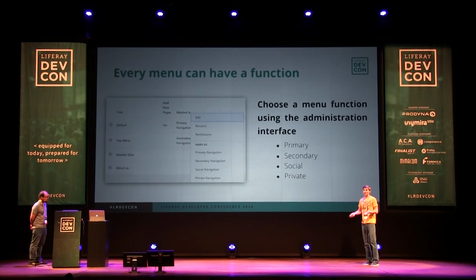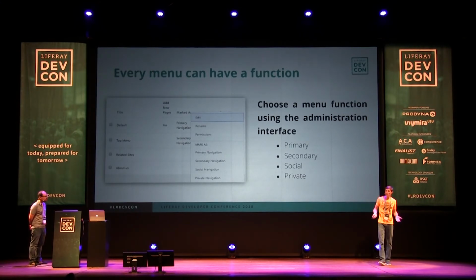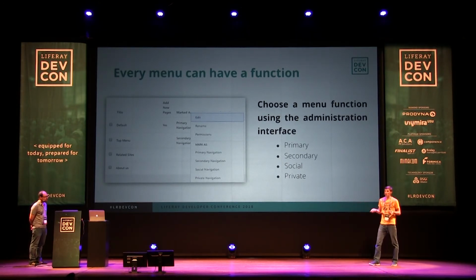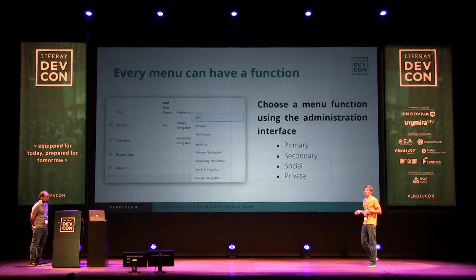An important feature of the new navigation is that you can mark any menu as a social menu, secondary menu, primary menu, or private menu. What's that for? Well, since we can create multiple menus, in the navigation menu widget you would have to choose a specific navigation menu you want to show. But instead of that, you can choose a specific function you want to show.